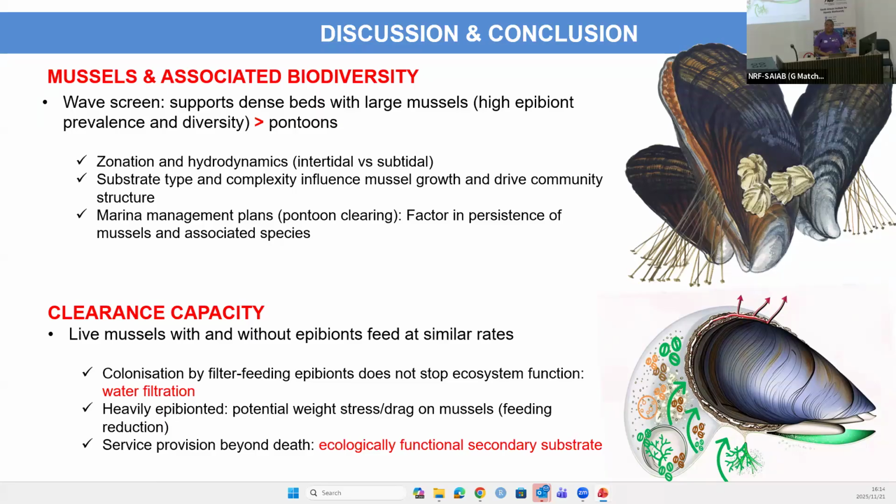Whereas if it's dead, it's also functioning for epibionts that exist within the system. So it's providing habitats for other species, but one knock-on effect is that the species attaching on the mussels are also acting as filters themselves. So the process of clearing the water within this man-made urban environment still continues whether mussels are alive or dead.